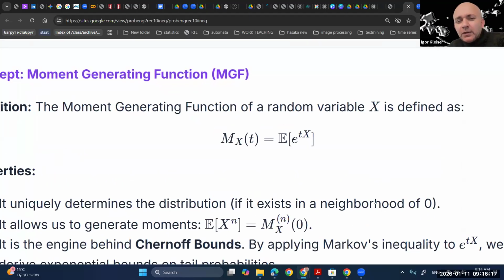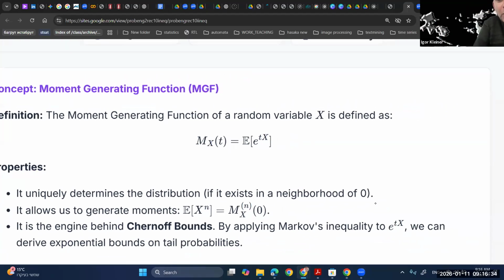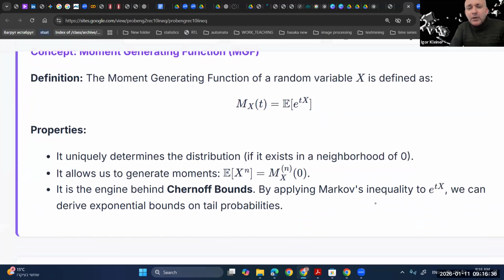How is it defined? It's the expectation of e to the power t times x. It's a function of t, and t is a parameter. You can ask me, what is this parameter? We want to use this generating function because it has many nice properties.